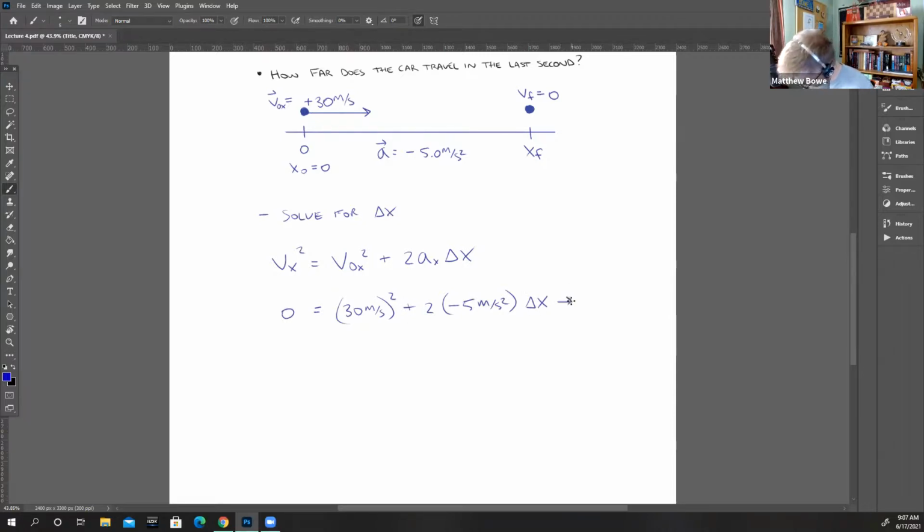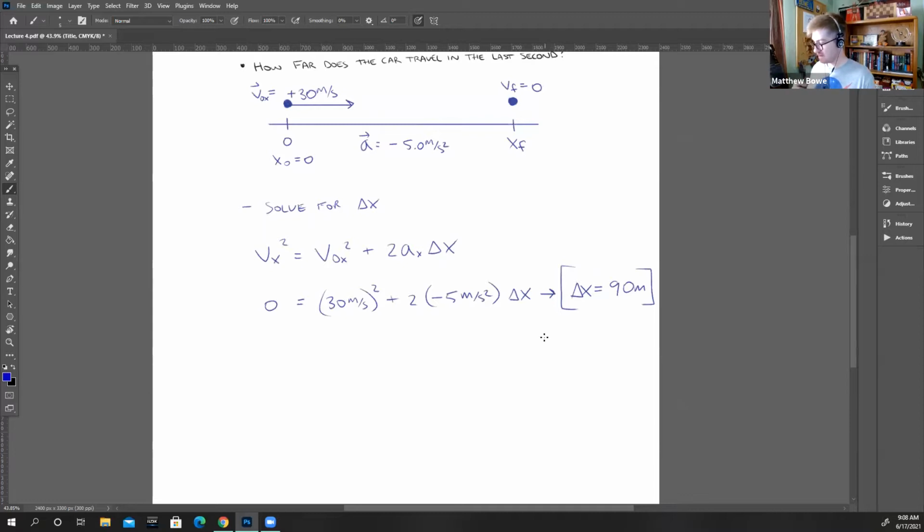I don't need to do every single step. Delta x equals 90 meters. Solving for this is just subtracting things over and dividing over to the other side. All right, so we found the distance it takes for the car to stop at this rate.